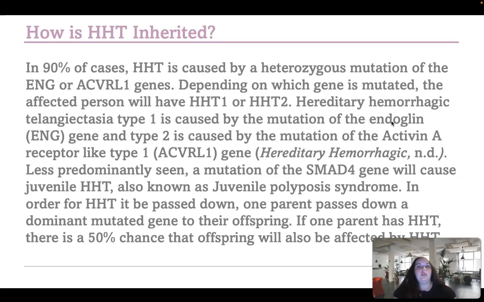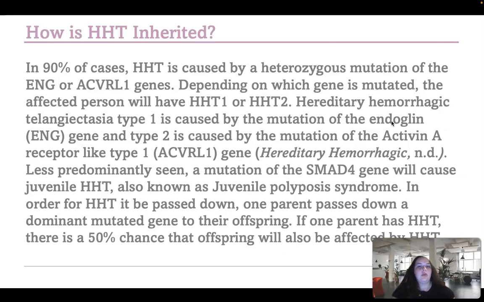Depending on which gene is mutated, it will determine HHT1 or HHT2. HHT1 is caused by the endoglin gene, and HHT2 is caused by the activin A receptor like type 1 gene. Juvenile HHT is a mutation of the SMAD4 gene, which, if caught at an earlier stage, will help the kid get treatment earlier.